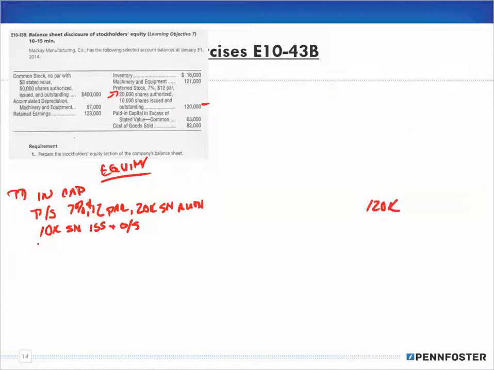Okay, so next I look at common, and I'm just reproducing that also. So common stock, no par, $8 stated value, 50,000 shares authorized, issued, and outstanding.